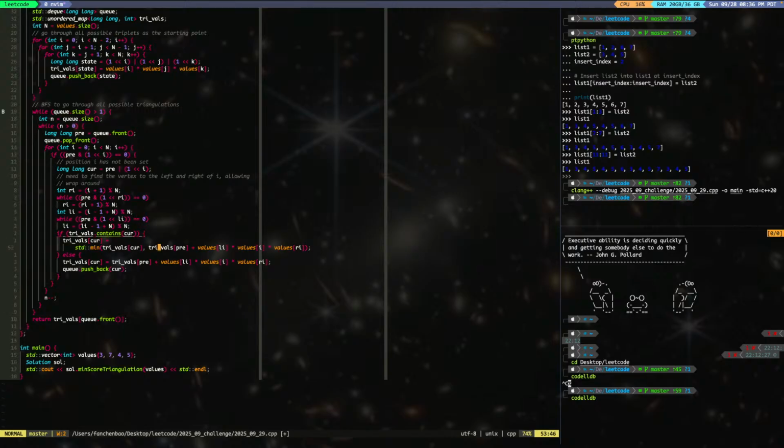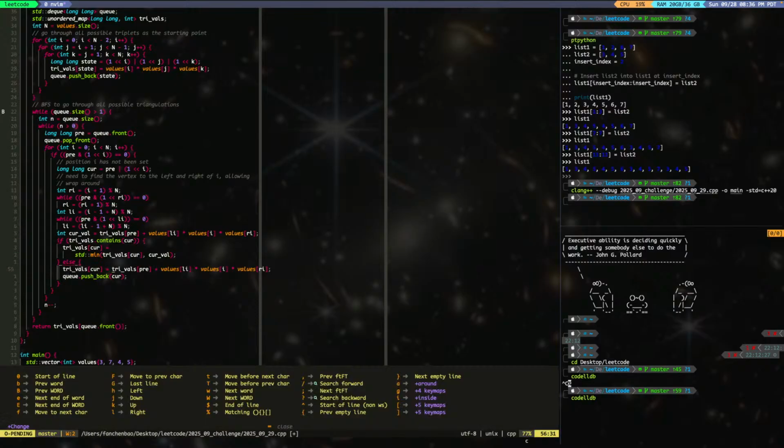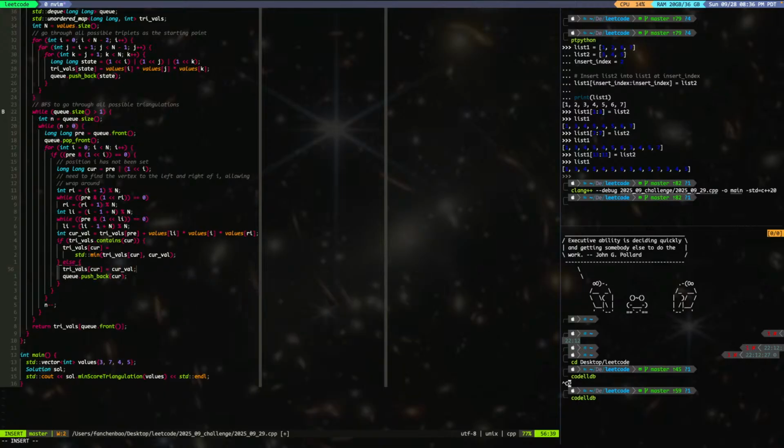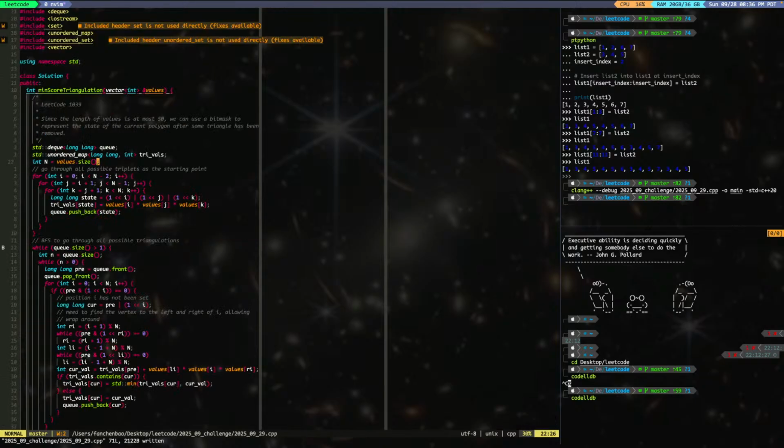So what I can do is here int current val equal to this, put in here. And then this just be current val, and this is current val. Right, current val, current val. Okay, now let's do this one.